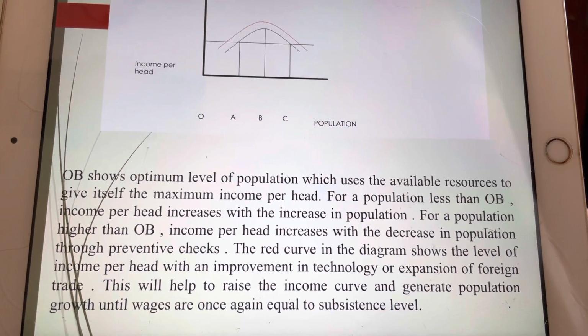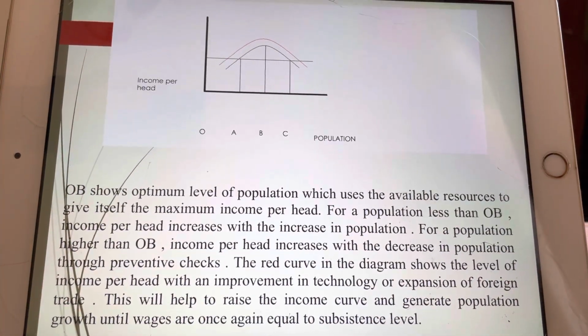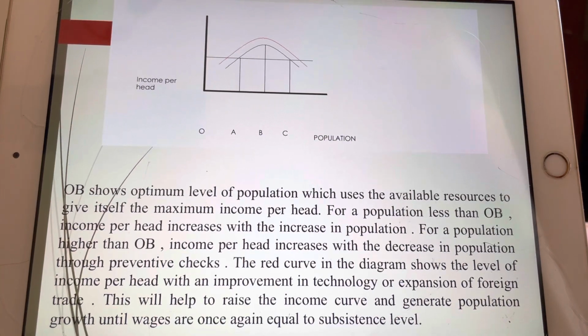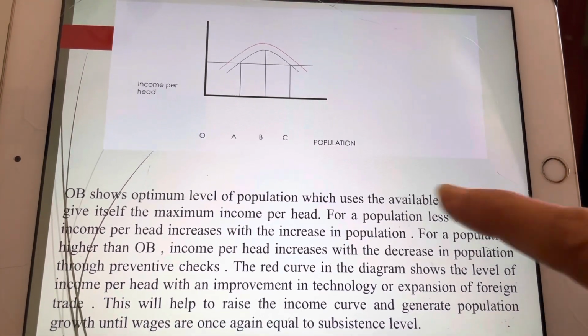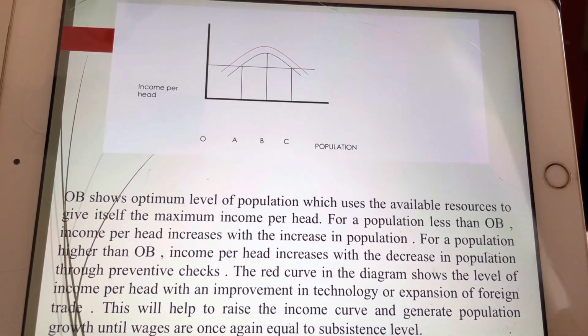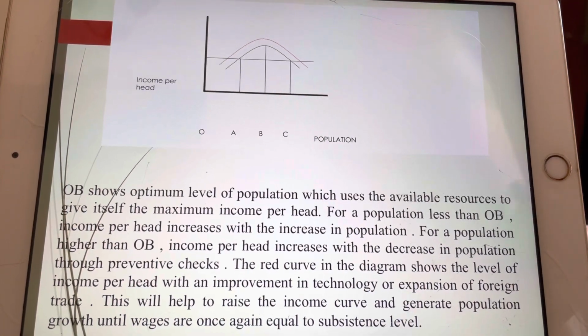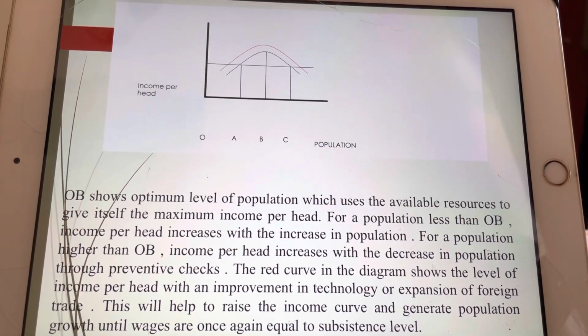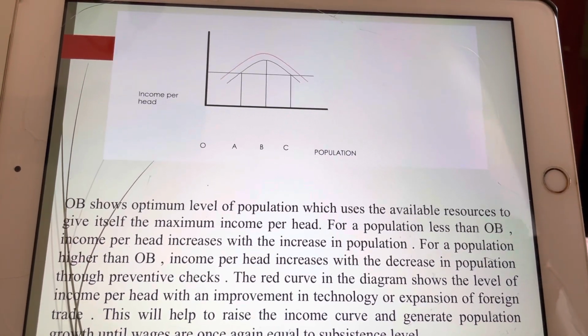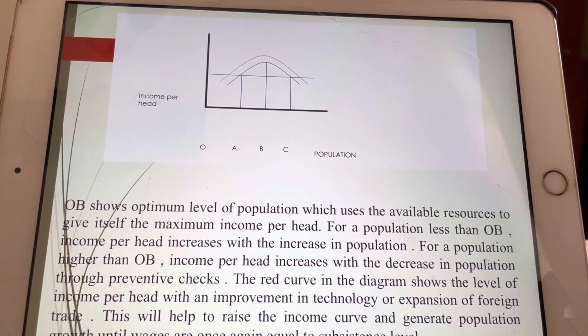So if the population is lower than OB, income per head increases as the population size increases.